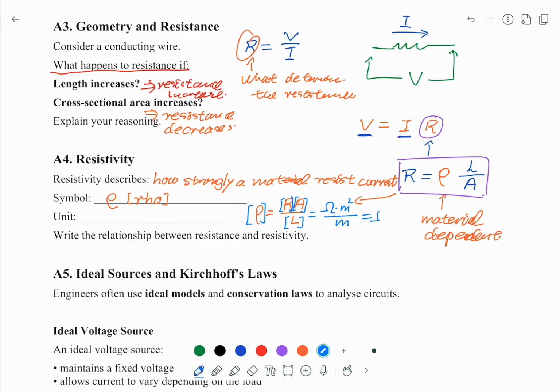So this is ohm meter. So the unit of resistivity is ohm meter. And write down the relationship between resistance and resistivity. So this is the one.